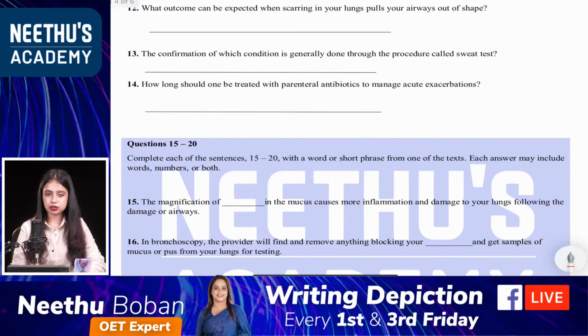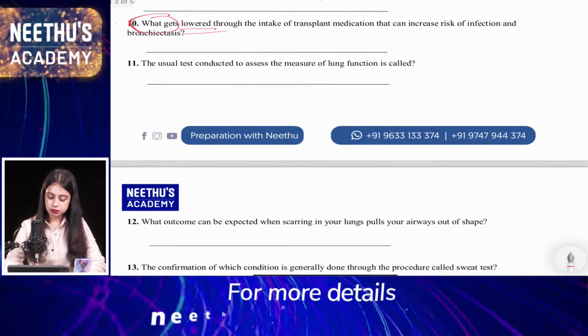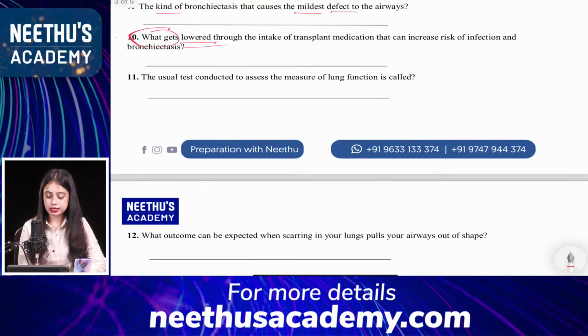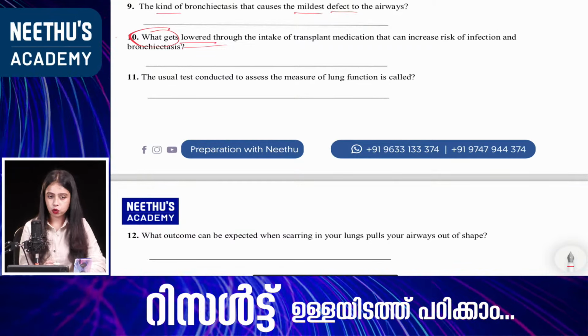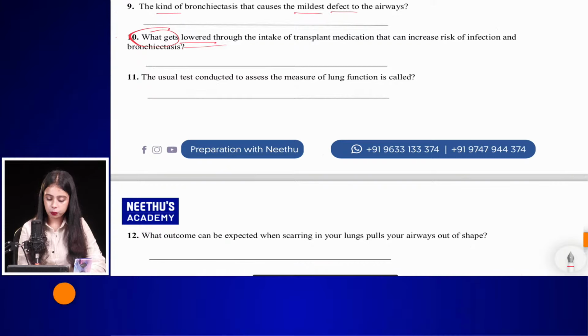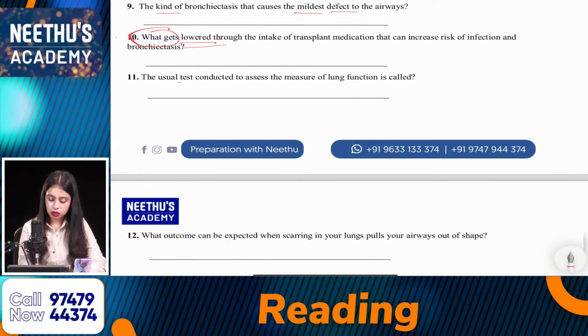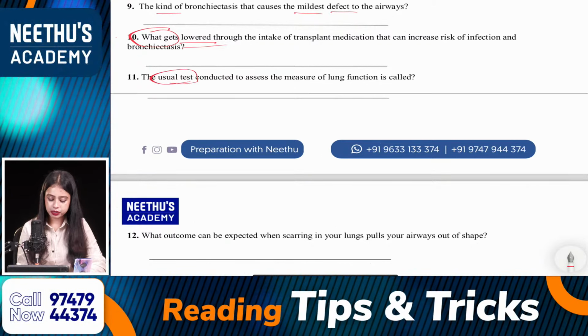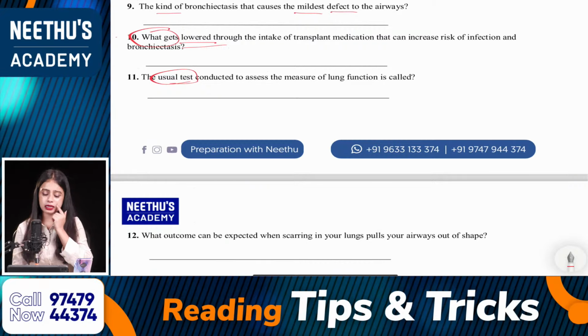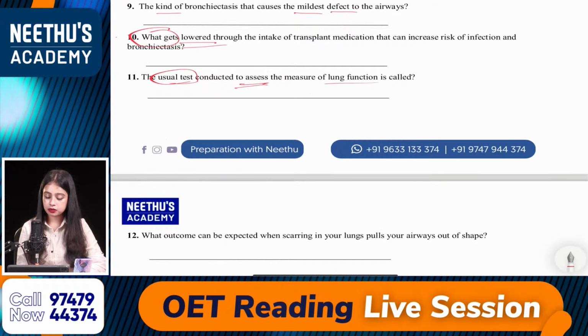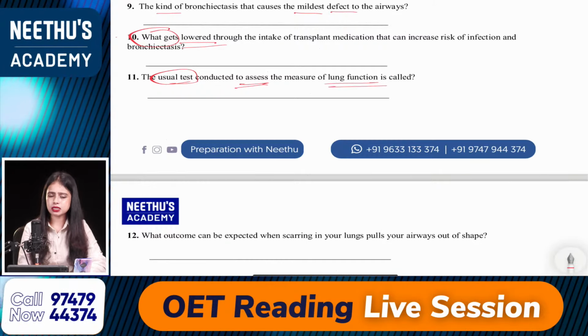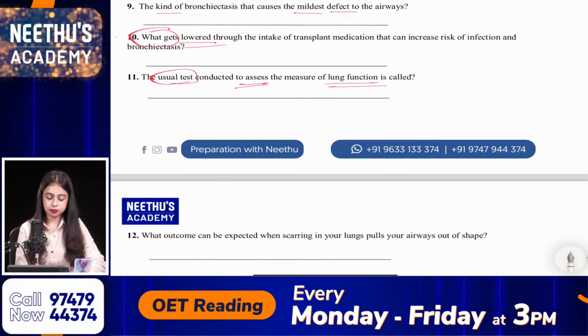Very good, Reshma. And the 11th one: the usual test conducted to assess the measure of lung function is called what? Usual tests, conducted to assess lung function. A very easy and direct one.